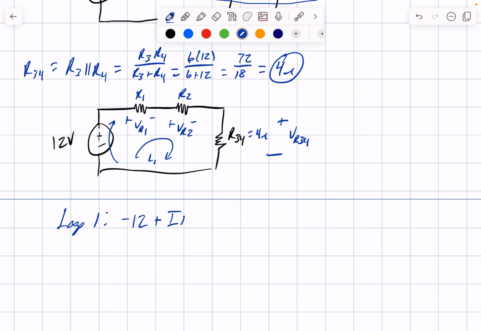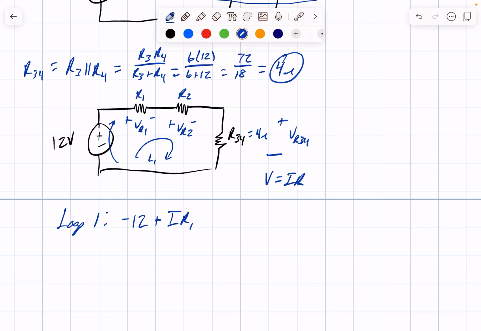I R1. The reason we say the plus is because we hit the plus first. You may be wondering why I put IR1 instead of VR1 here. That's because Ohm's law is V equals IR. I'm essentially putting the equivalent of the voltage of resistor 1 in Ohm's law form, which is the current times resistor 1.